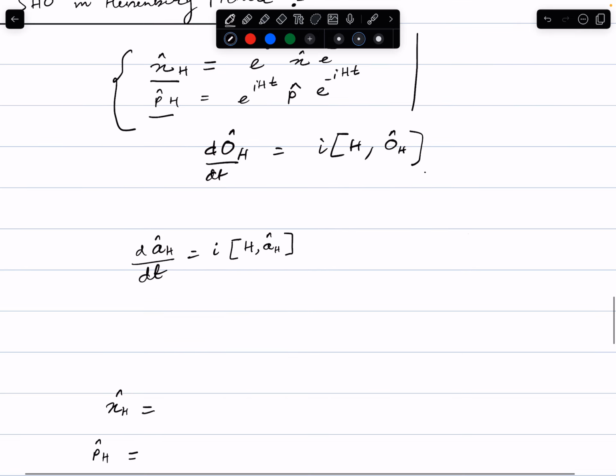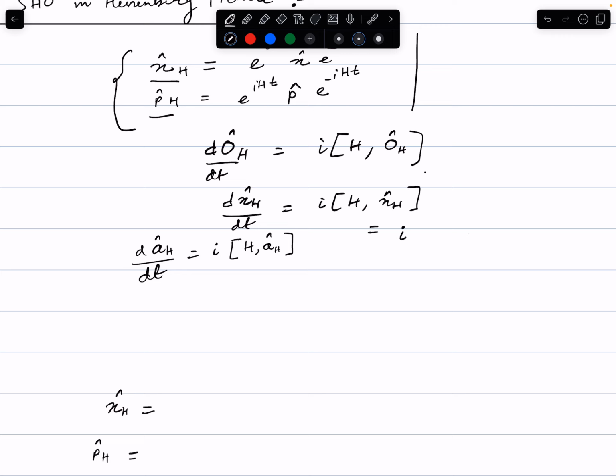So for example, what about dx/dt here? dx_H/dt equals i/H bar [H, x_H], and what is that? H is, remember, what is H? p squared by 2m plus half m omega squared x squared, which part commutes with this? m omega squared x_H into x_H.